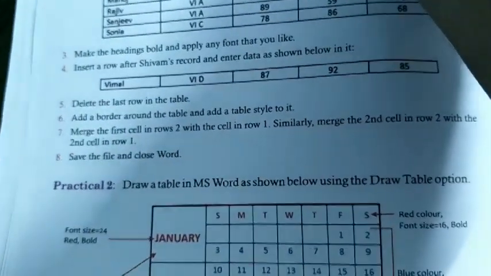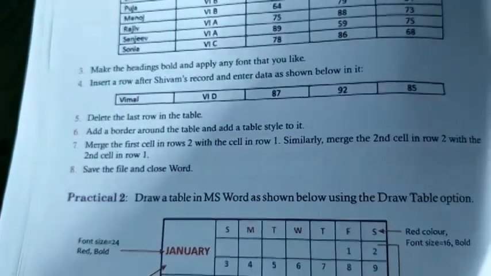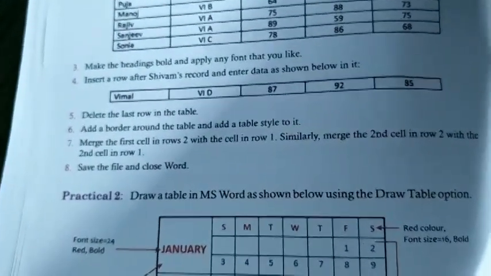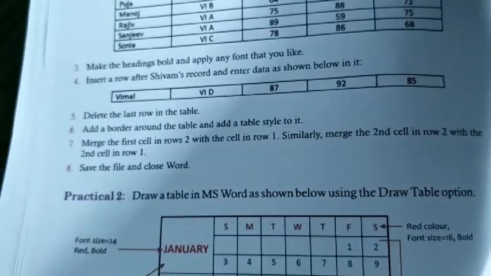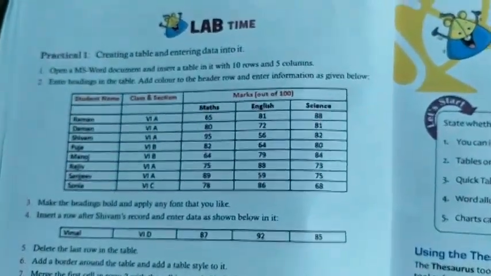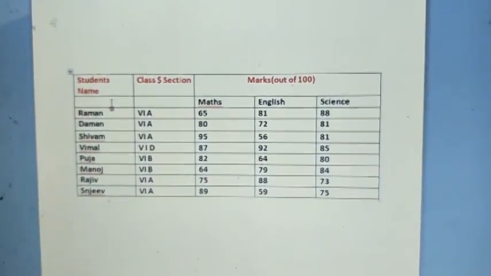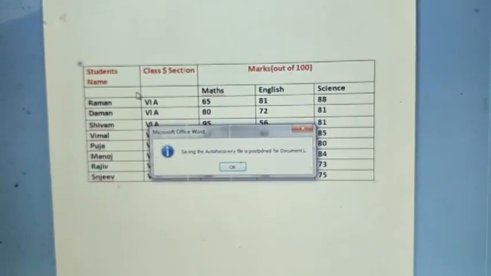Similarly, merge the second cell in row 2 with the second cell in row 1. Now understand the question again. Merge the first cell. That one is the first cell of which row? Row 2.